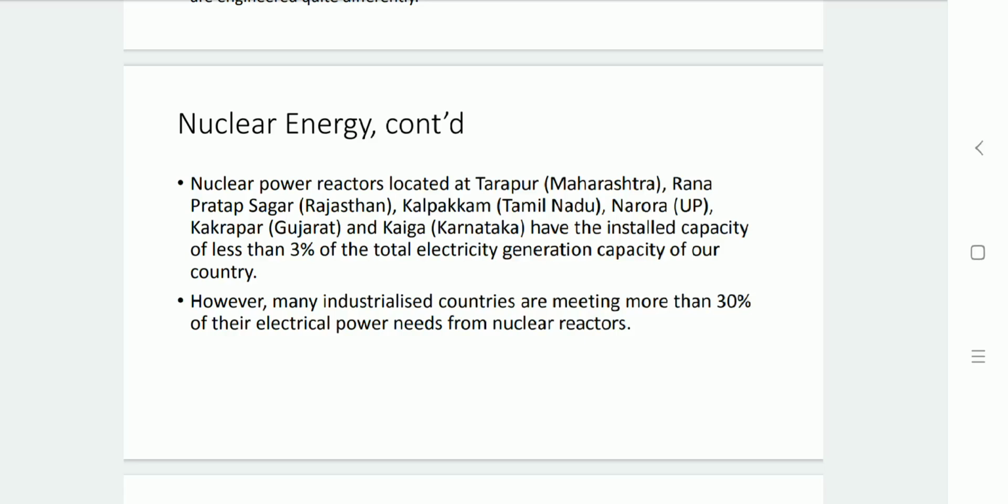The generated capacity is less than 3% of the total electricity requirement, which is very low compared to other countries. In many countries they now generate up to 30% or more of their electricity.